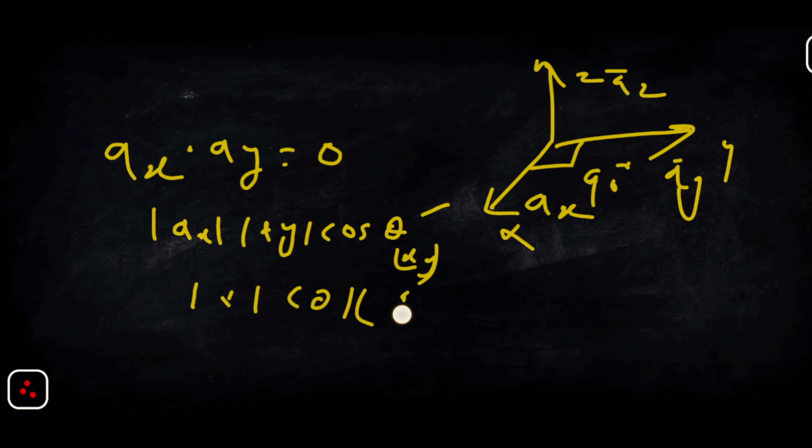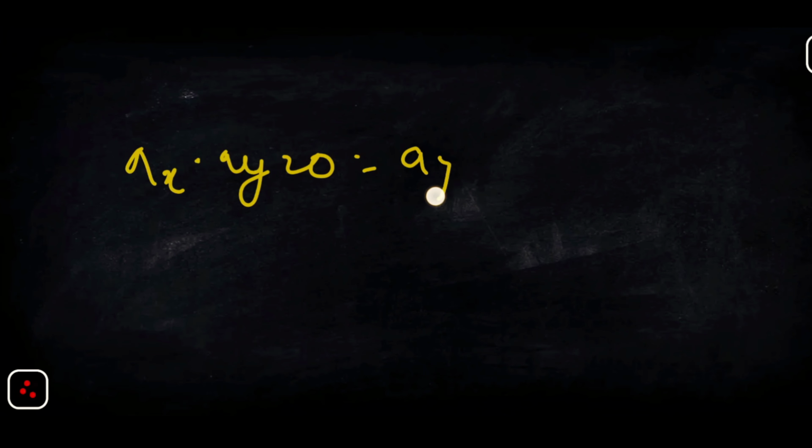Cos 90 degrees becomes 0. Similarly, AY dot AX equals 0. That means we can write AX dot AY equals 0, AY dot AX equals 0, AX dot AZ equals 0. Any unit vector dotted with itself is unity.